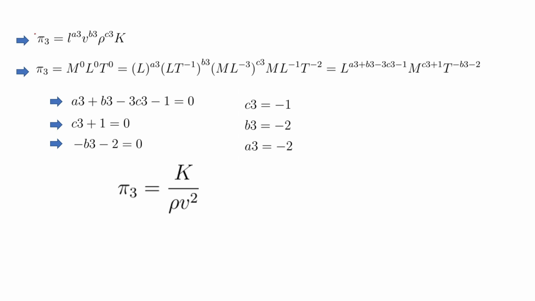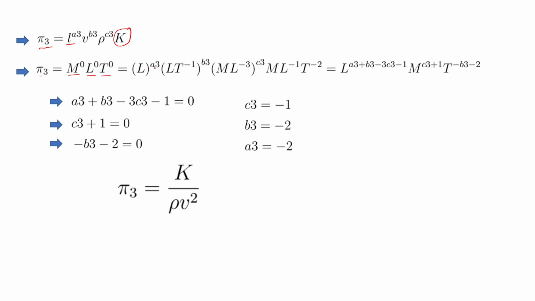And let us find out the third dimensionless term, that is pi 3. So pi 3 can be written as the repeating variables L raised to a3, V raised to b3, rho raised to c3, and the remaining variable is capital K, which is the bulk modulus. So pi 3 can be written as M raised to 0, L raised to 0, T raised to 0.